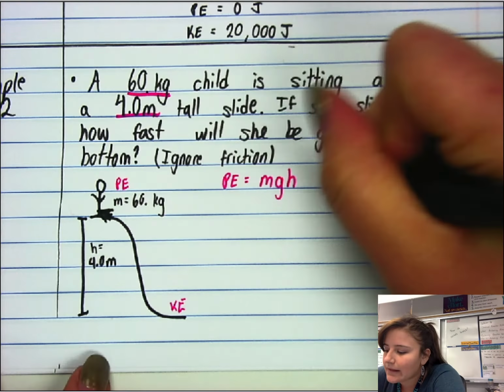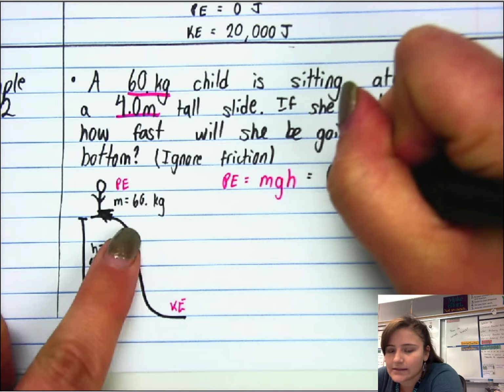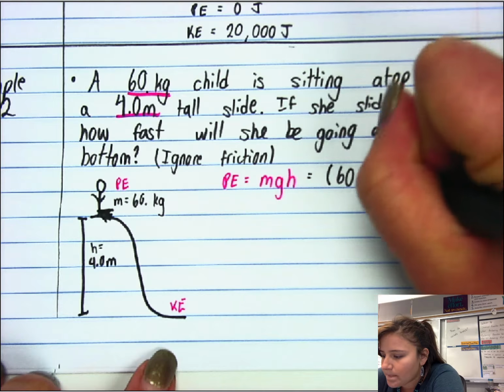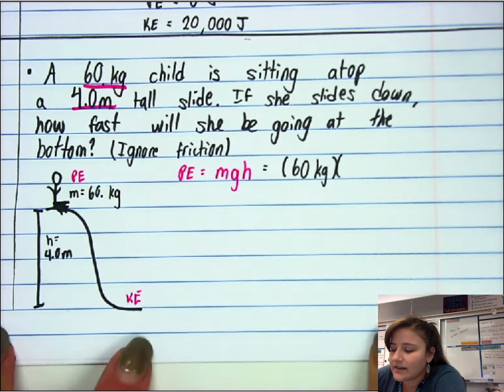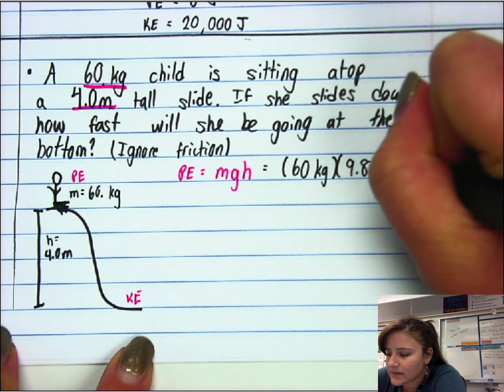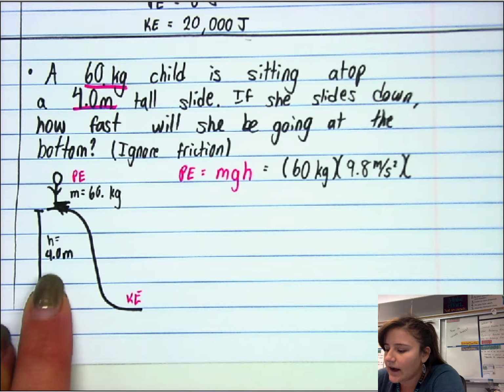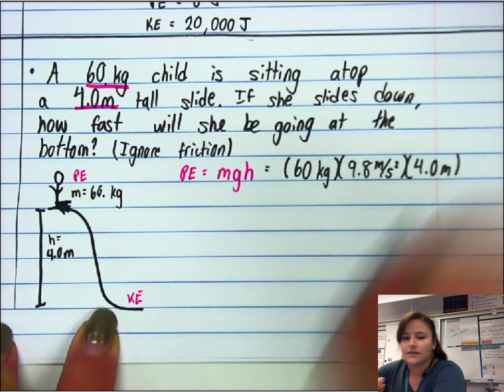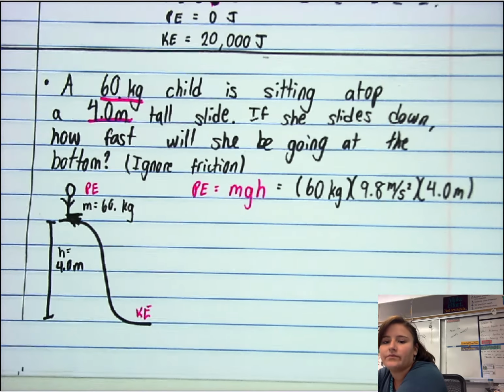Let's go ahead and plug in our numbers. Her mass was 60 kilograms. Gravity, the acceleration due to gravity, is 9.8 meters per second squared. And her height was 4.0 meters. Okay.